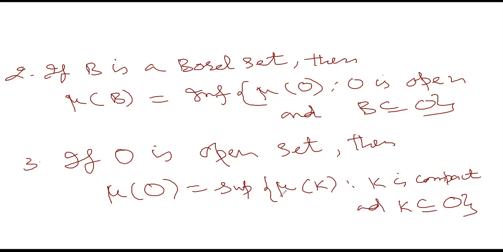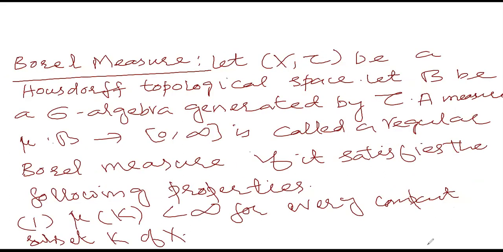If a measure on the Borel sets satisfies these three properties, then it's called a regular Borel measure.